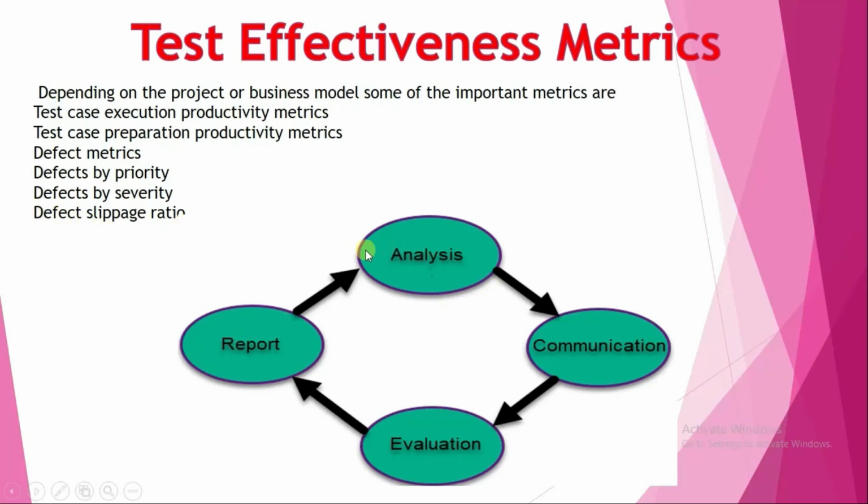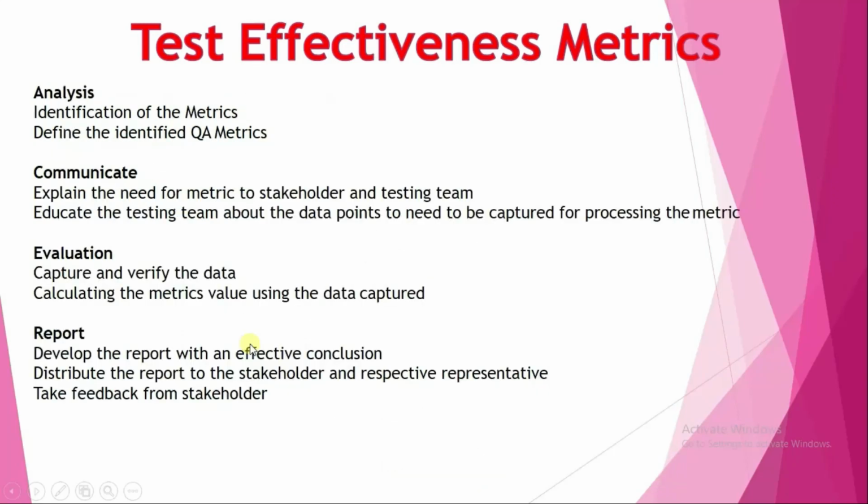So this is the diagram we can represent here: analysis, then communication, then evaluation, then it goes to report. Each one of them we can see here. In analysis, identification of metrics, define the identified QA metrics. Next, communicate: explain the need of metrics to stakeholders and the testing team, and educate the testing team about the data points that need to be captured for processing the metric.